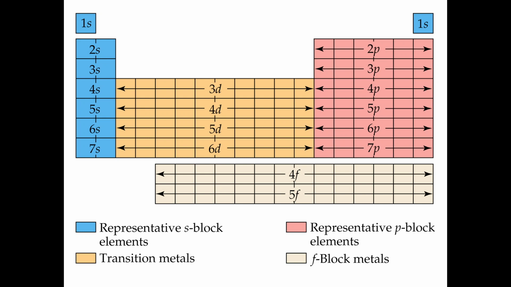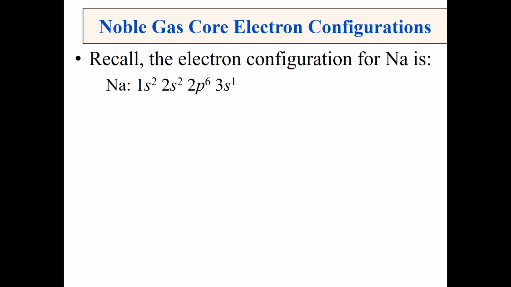There's a way to abbreviate it that I'll discuss here in a second, which is the noble gas core electron configuration. So let's look at sodium. Sodium's configuration is 1s2, 2s2, 2p6, and 3s1. As you can see, this gets very long very quickly. There's a way to abbreviate this.